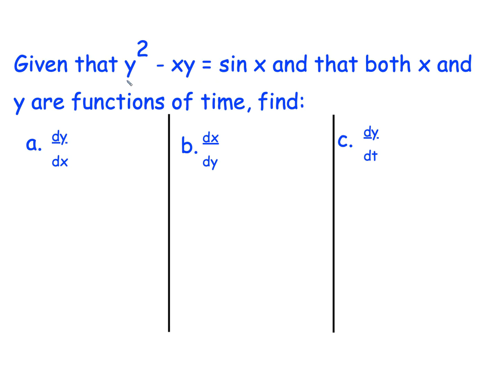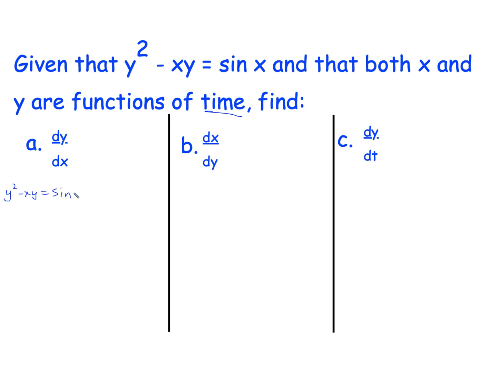So here we have, given that y squared minus xy equals sine x, and that both x and y are functions of time, find these three things. So we're going to use implicit differentiation. So let's go ahead and write our original y squared minus xy equals sine x.